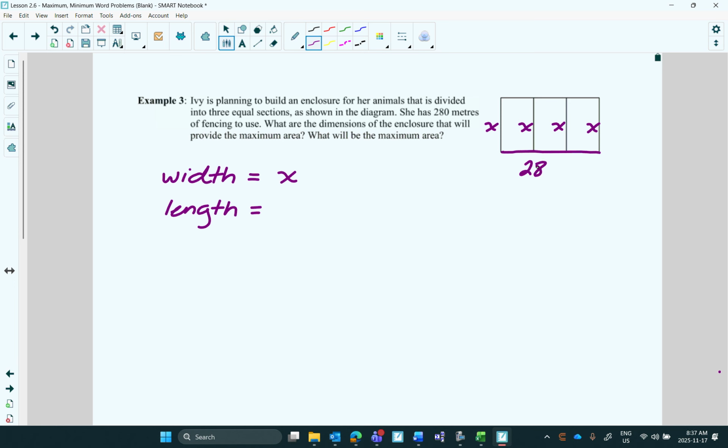So 280, and I'm going to take away 4 widths because I've already called them x. Now that represents this length and this length. So these 2 lengths together will be 280 minus 4x. How do I find just one of them? Divide by 2. That's how you find the length in this case. Which you can actually do the division. If you divide both terms up top, you get 140 minus 2x. That's an expression for the length.